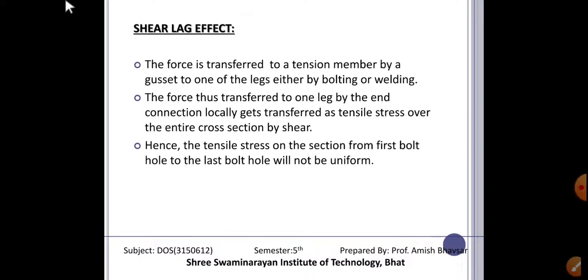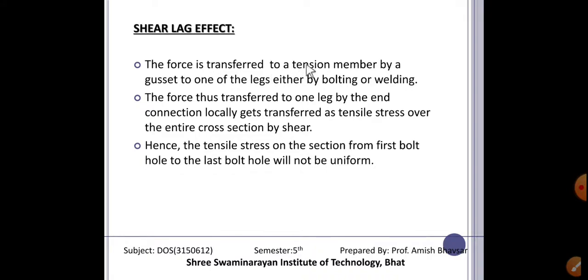Some portions are affected earlier and reach Fu, the ultimate stress capacity, but the long portion of that member is still up to yielding. At that time that portion fails due to shear, which means the shear lag effect is connected with the block shear failure.